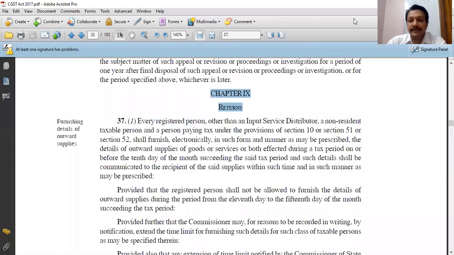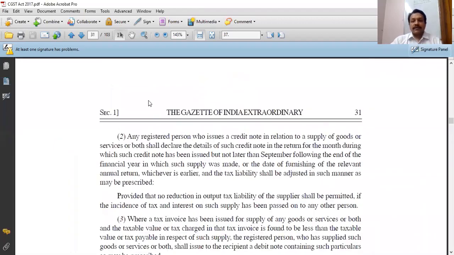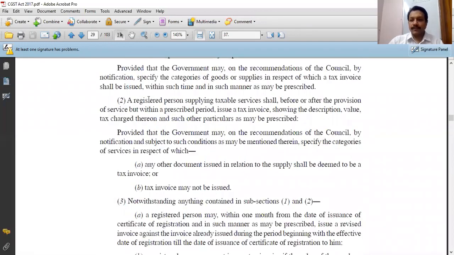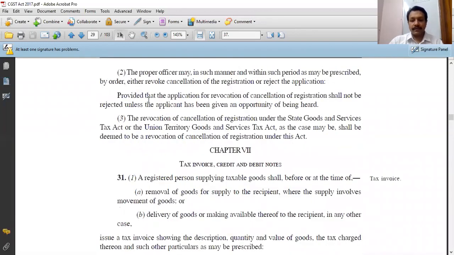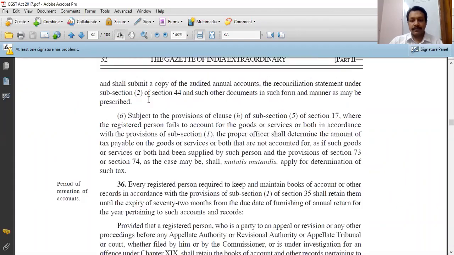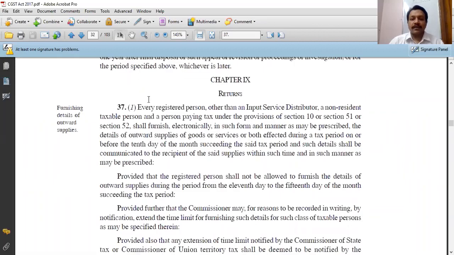I hope you can see the screen carefully. So chapter 9 of the CGST Act deals with returns.